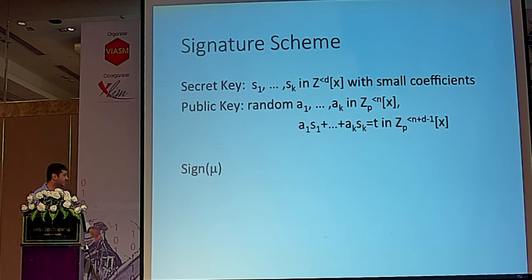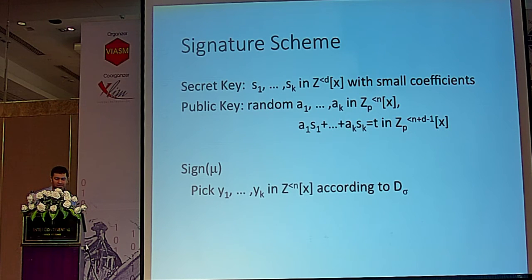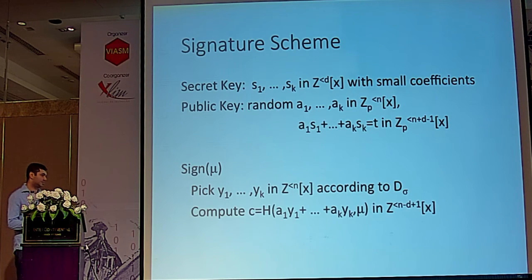So the signature looks quite similar as before. If you're familiar with the previous lattice signatures, it's fairly similar. You just have to keep track of the degrees to make sure that everything works out. So you just pick a bunch of yi's. These are your masking parameters. According to some Gaussian distribution, you compute, or if you're familiar with discrete log, it also looks the same.